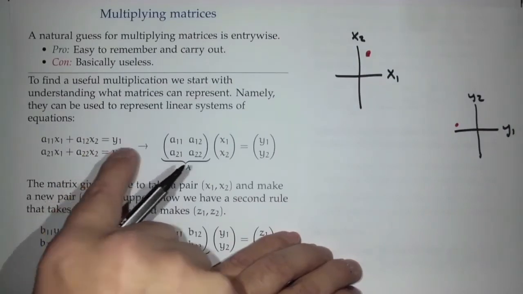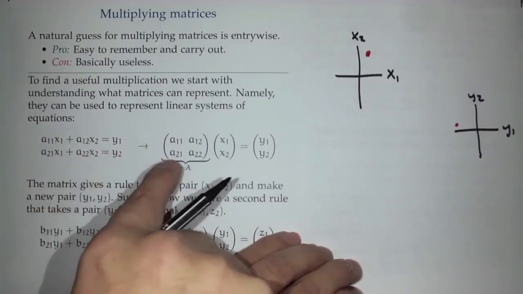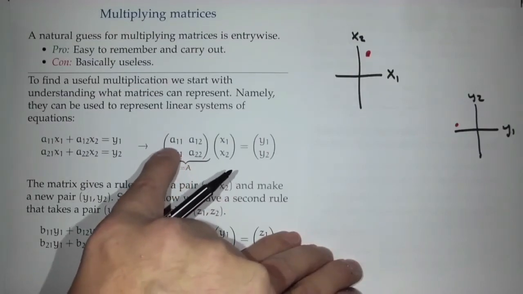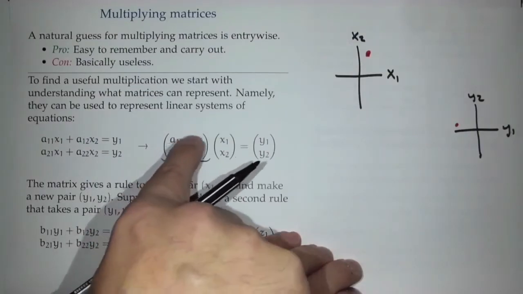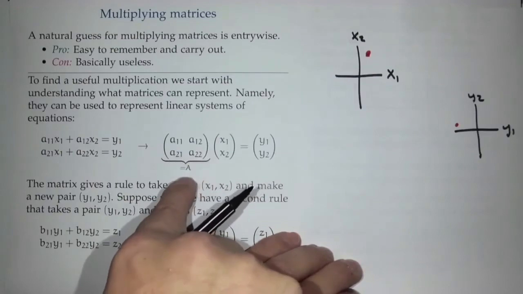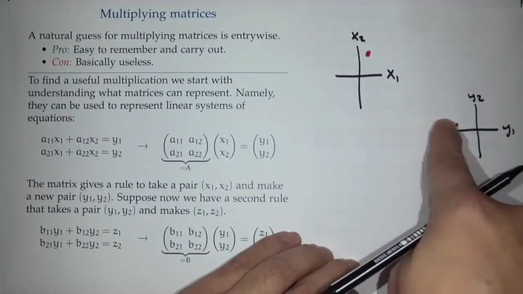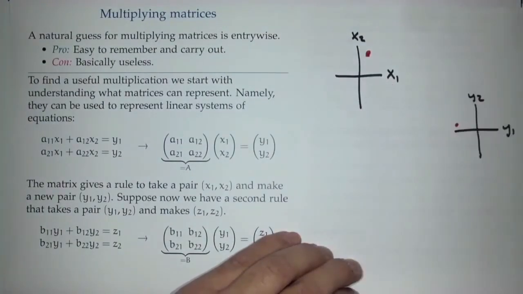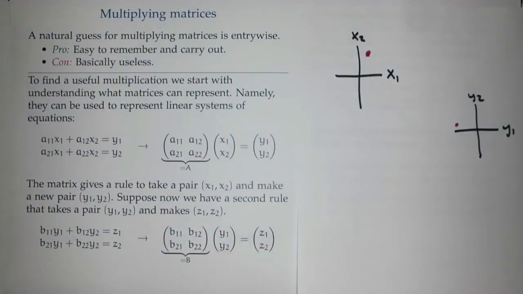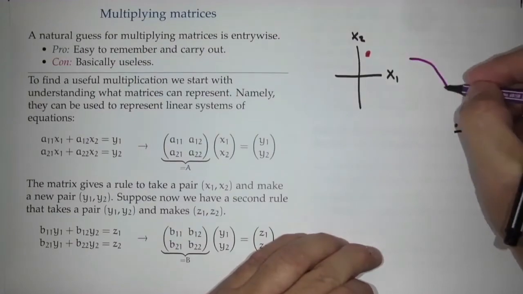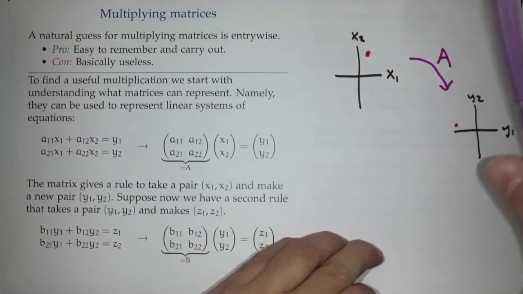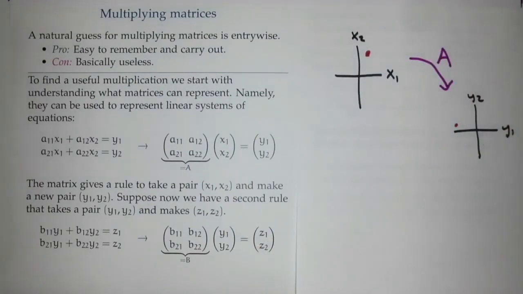And we represent this by grouping these coefficients into a matrix and say, okay, the matrix where we have A11, A12, A21, A22, we'll call that A. Apply that to this point, we get a new point. And we can do that for every single point. So in other words, we have this nice thing where A is a rule about how to go from here to there. That's how we should think about A.